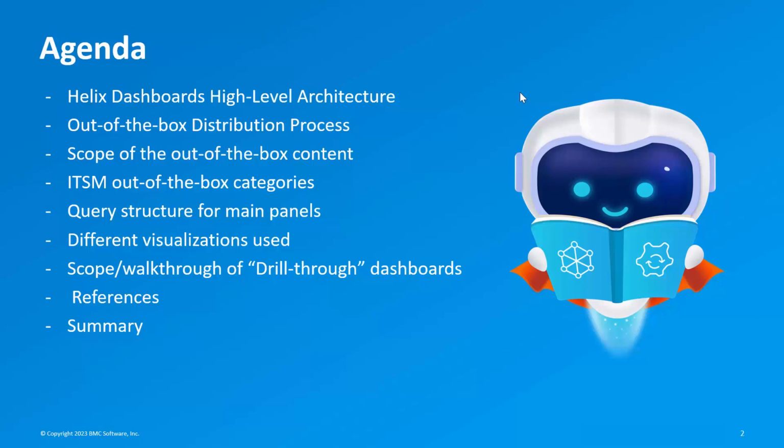I'm going to demo one dashboard of each category, how we build it from scratch and how we make the different visualizations, including the drill through and how each of them was built. And at the end, some references to other webinars and a summary, as we always do.